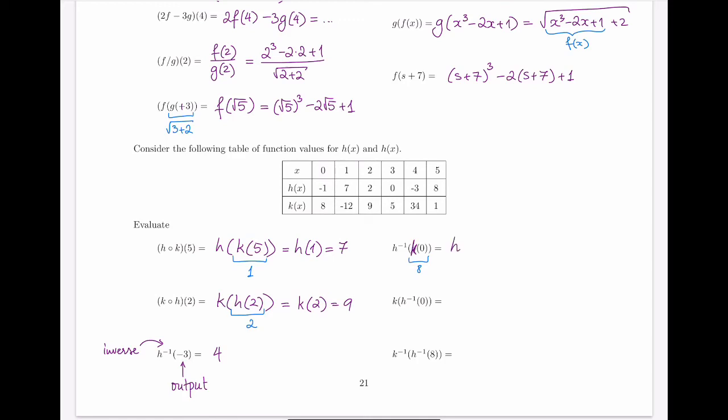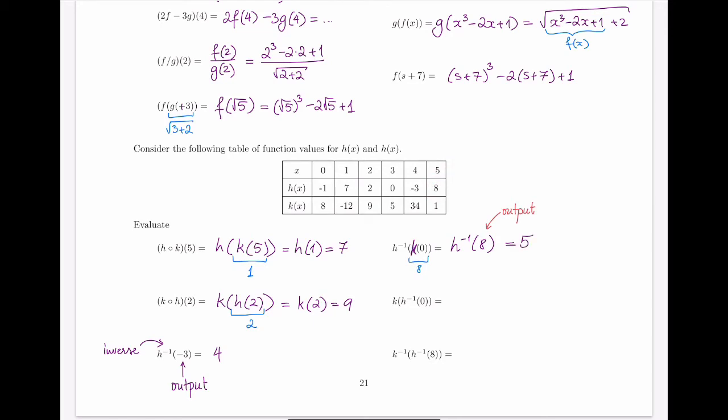And the next thing I have to do is compute the inverse, h inverse of 8. So once again, this means that this is the output. So I will be looking for what input of h produces the output of 8. So I'm looking at the row of h and I'm looking for output 8. It happens right here, and the input that corresponds to it is 5.